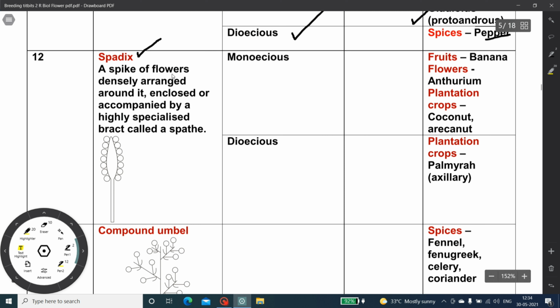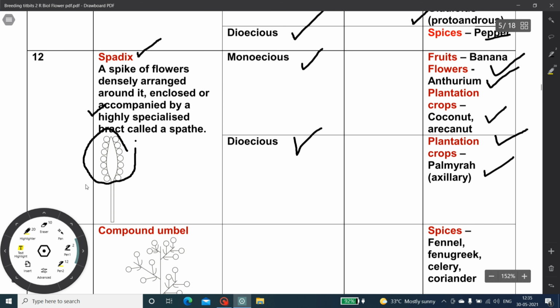A spike of flowers densely arranged around it, enclosed or accompanied by a highly specialized bract called spathe. This is the diagram of the spadix. This spadix has monoecious spadix and dioecious spadix. Monoecious spadix examples: banana, anthurium, coconut and arecanut.